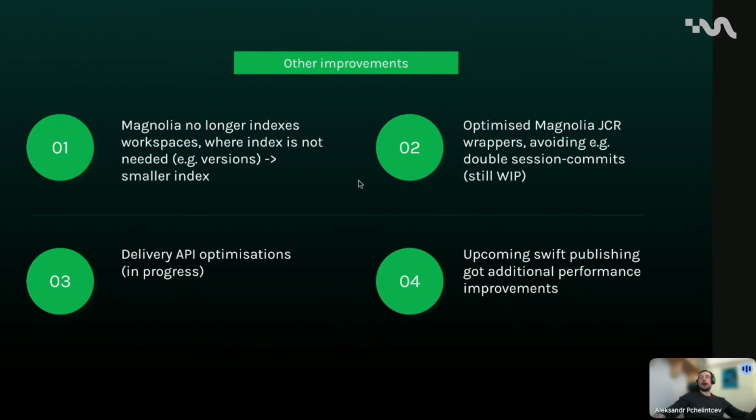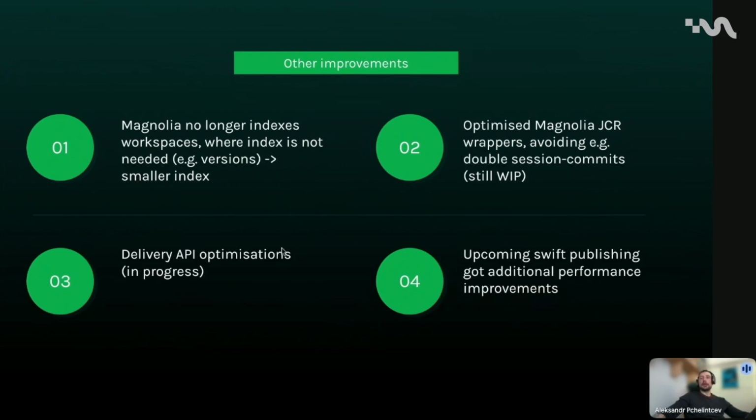And there have been a lot of other, maybe small in scale but quite significant improvements. For example, Magnolia no longer indexes workspaces where an index is not needed, like versions. We optimized some of our JSON wrappers, avoiding some sensitive and heavy operations, like, for example, avoiding double session unwrapping in the system.